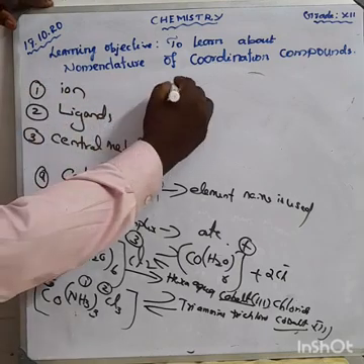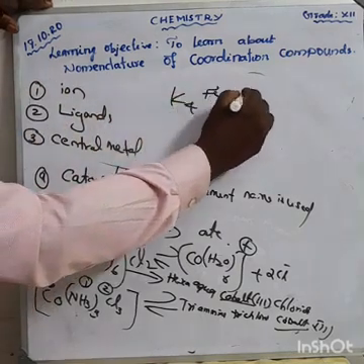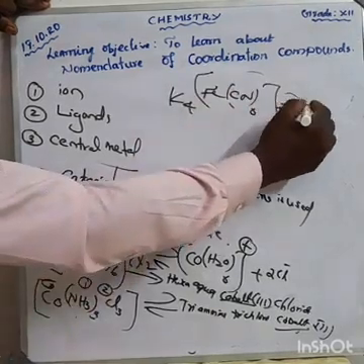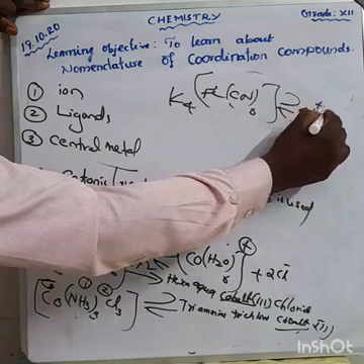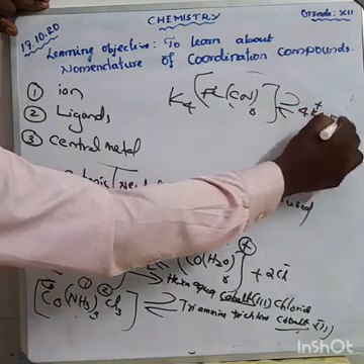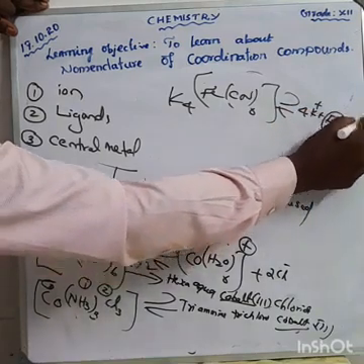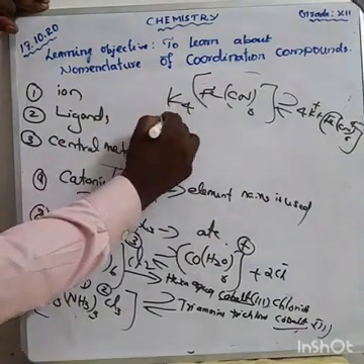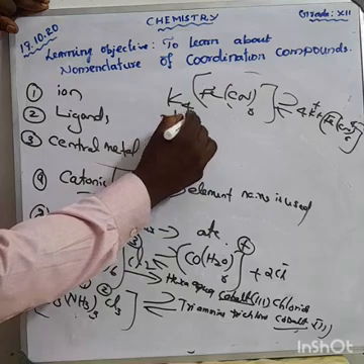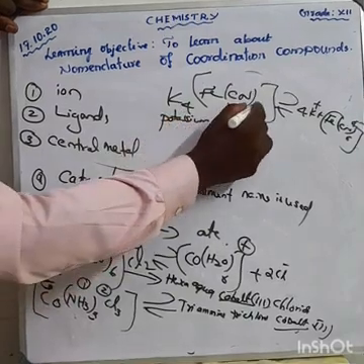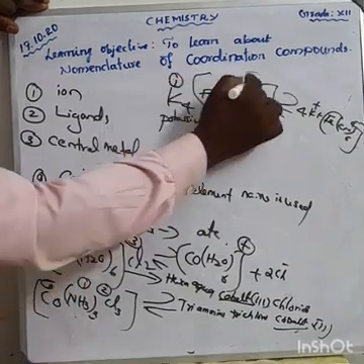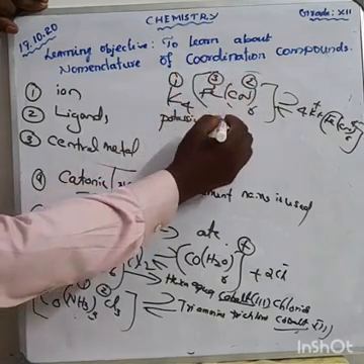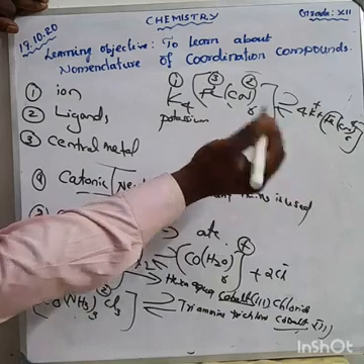For example, K4[Fe(CN)6]. Can you say which complex? 4K plus and [Fe(CN)6] 4 minus. Am I right? How can you say the name? First potassium, then the number, then hexacyano, or hexacyanido, we can discuss, no problem.